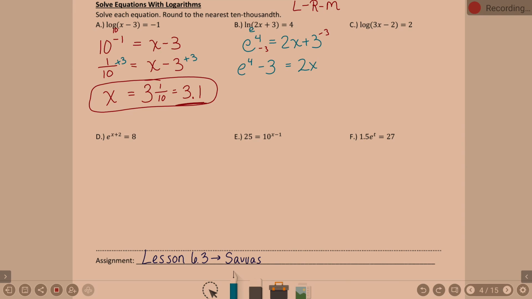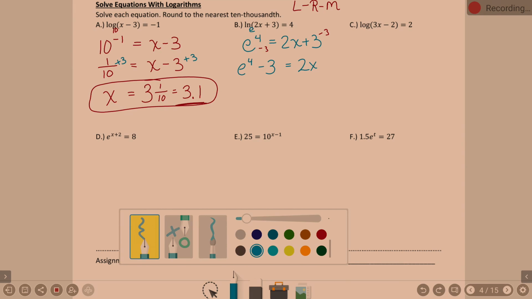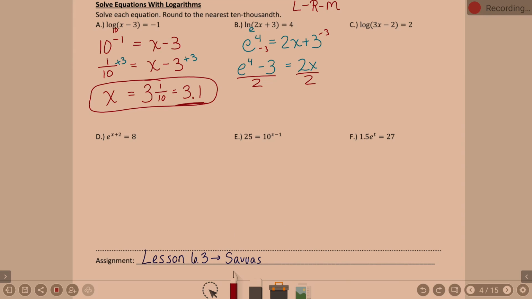And then how do I solve for x? Divide by 2. Now at this point, we know 2x divided by 2 is going to become x. This becomes a calculator problem. Okay? e to the 4th minus 3, and then all divided by 2.